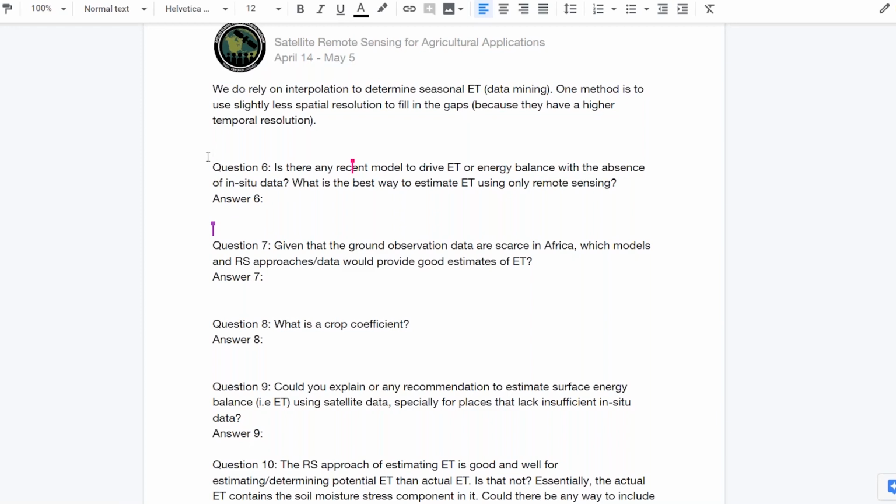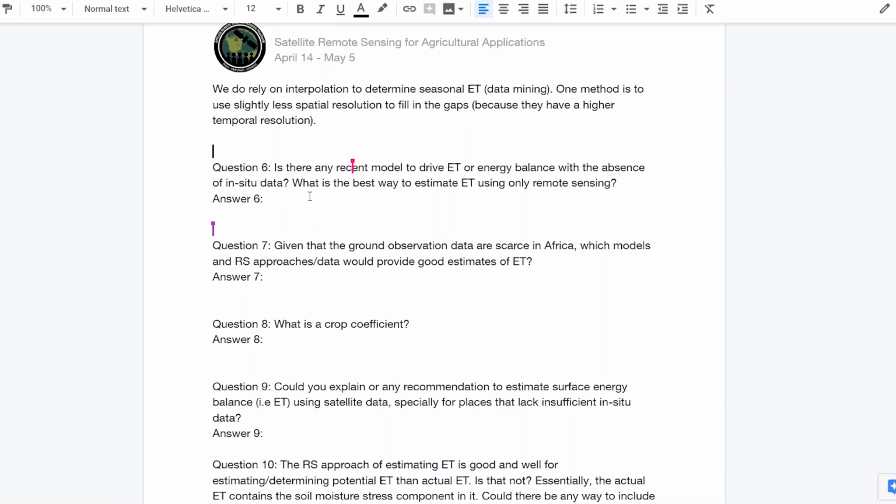So a lot of those methods that we presented from the energy balance standpoint, that's part of what remote sensing addresses, with some of the issues of trying to get at evapotranspiration without in situ data.